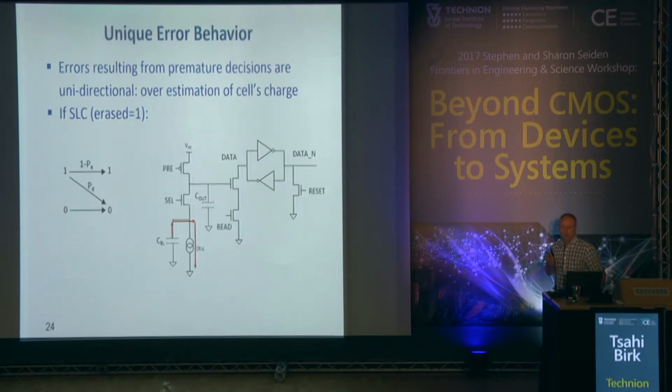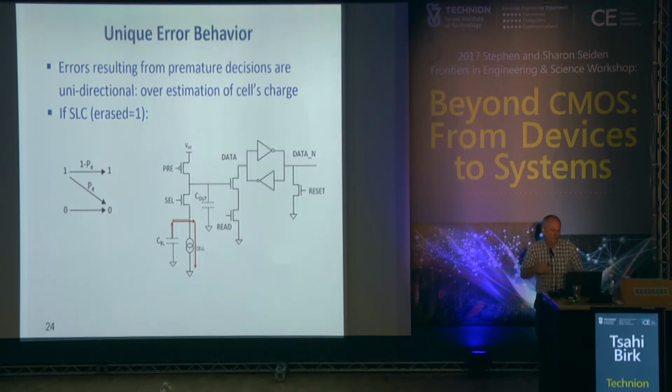And here, an important, critical observation. The errors are unidirectional. Because if we see that the capacitor has discharged, it is discharged. If we wait another hour, it'll still be discharged. The only possible error is that it appears to have not discharged, but actually we didn't give it enough time to discharge.